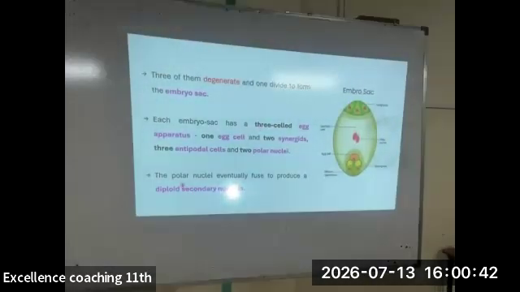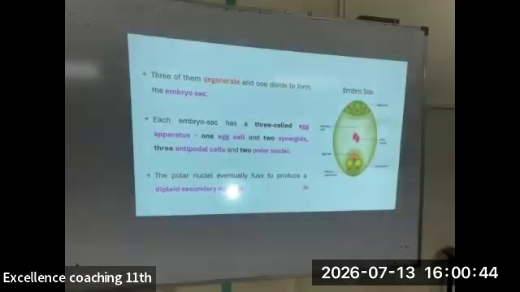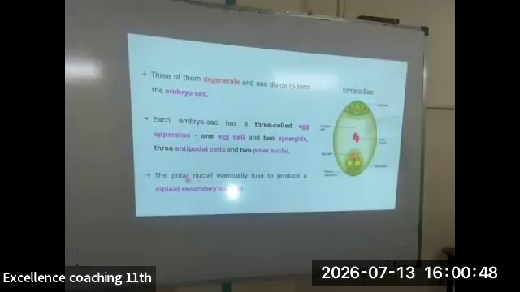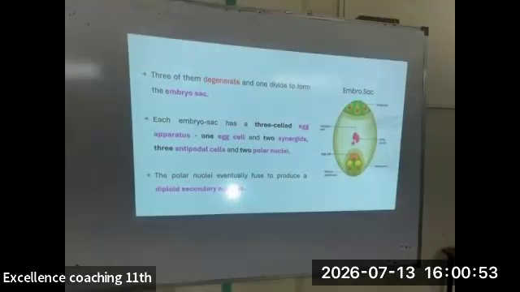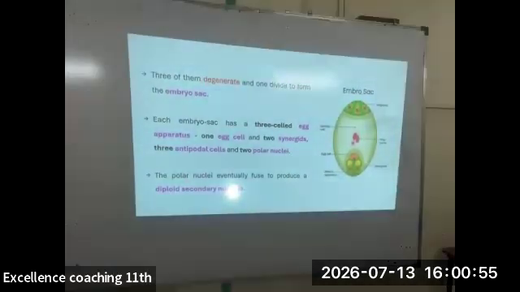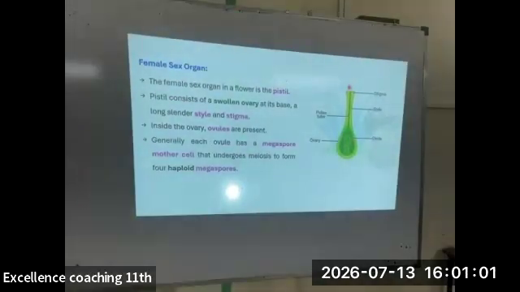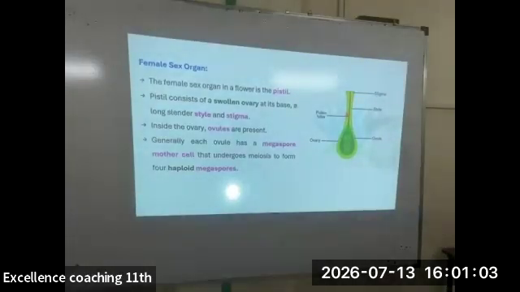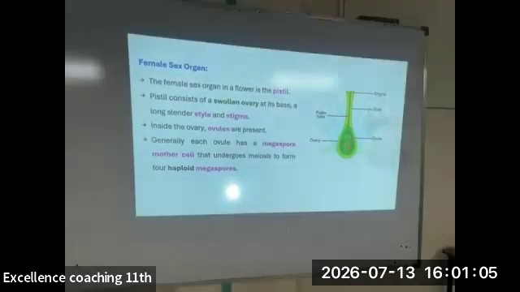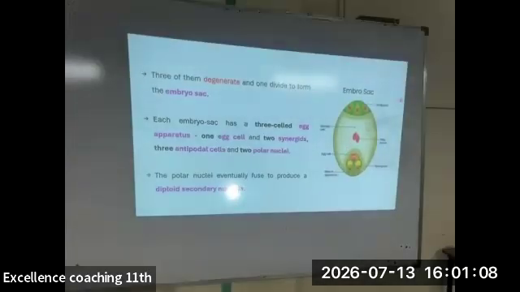Now, the polar nuclei eventually produce the diploid secondary nucleus. Now there is the entry of the pollen grain, and I told you that the pollen grain is going to settle down here. The pollen tube will come and start fusing with the embryo sac.